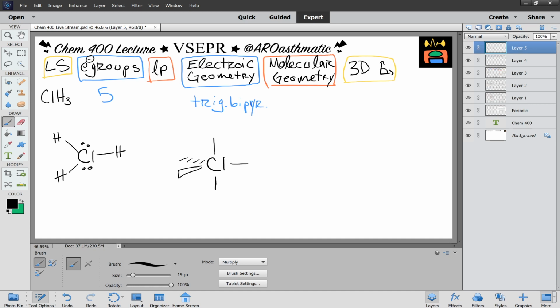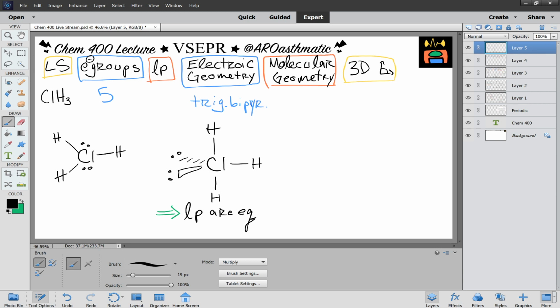Now, we just learned that electrons, lone pairs, always go equatorial. You can put them in any equatorial position. I'm going to put them here, here, and here. Then my H's will go there and there.